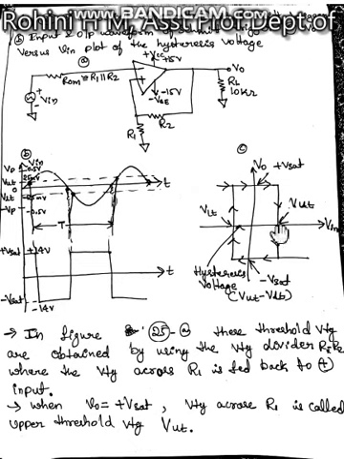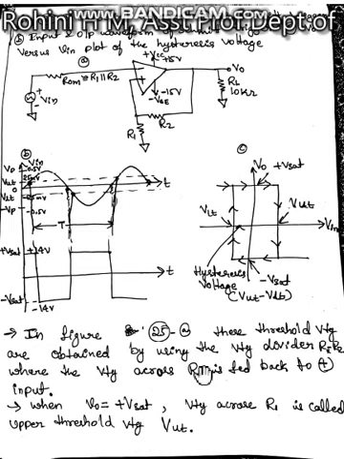Here is the hysteresis graph, which shows the output versus input, Vout versus Vin, of these waveforms. Here is the hysteresis voltage on the x-axis: this value is VLT and this value is VUT, that is, the lower threshold voltage is given here and the upper threshold voltage is given here.